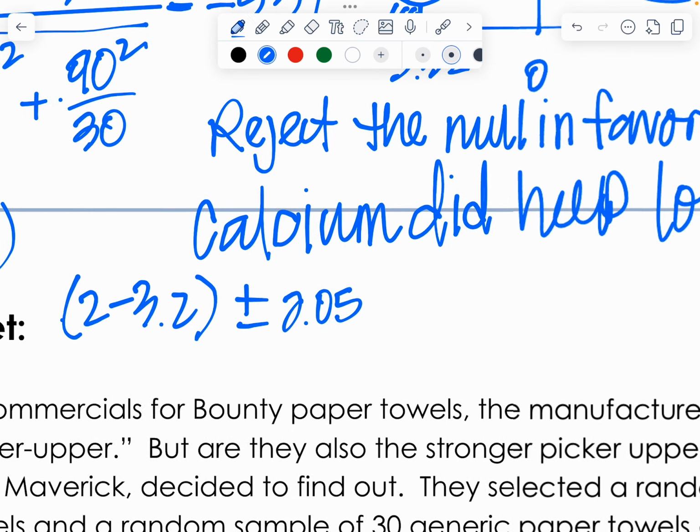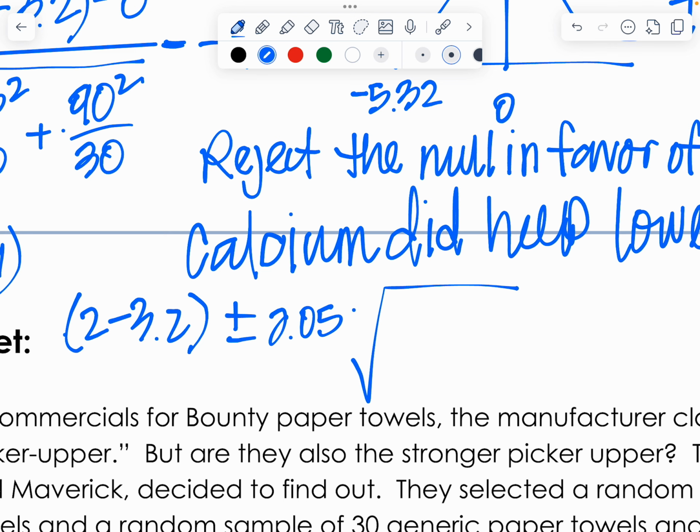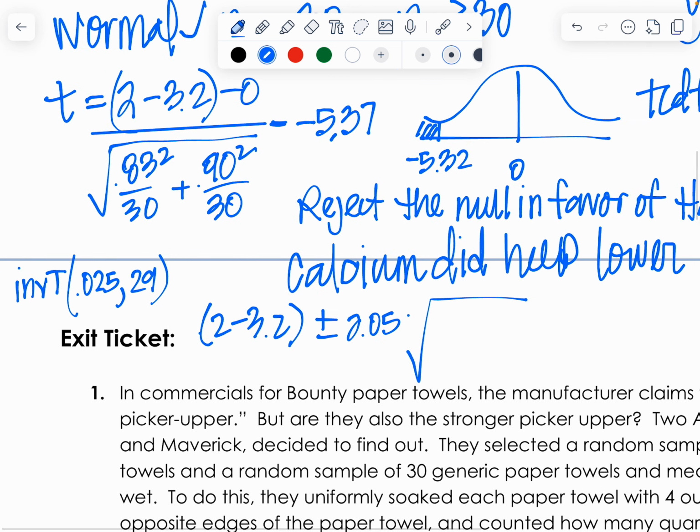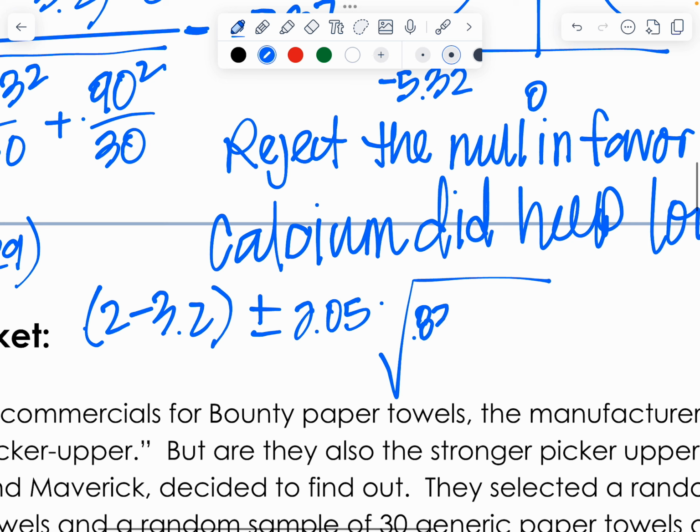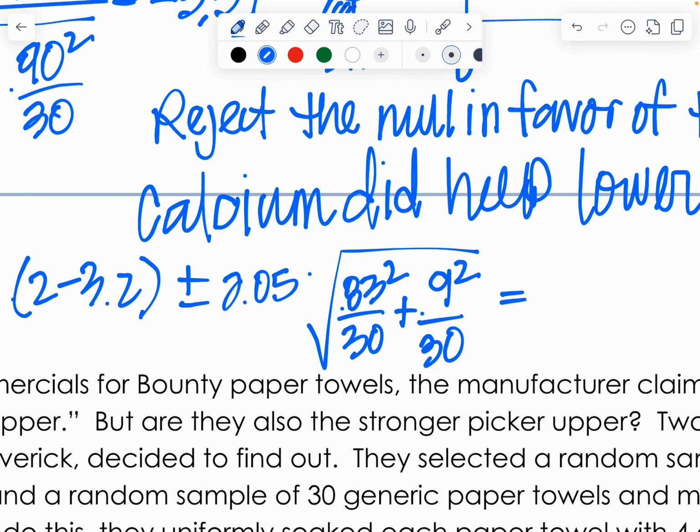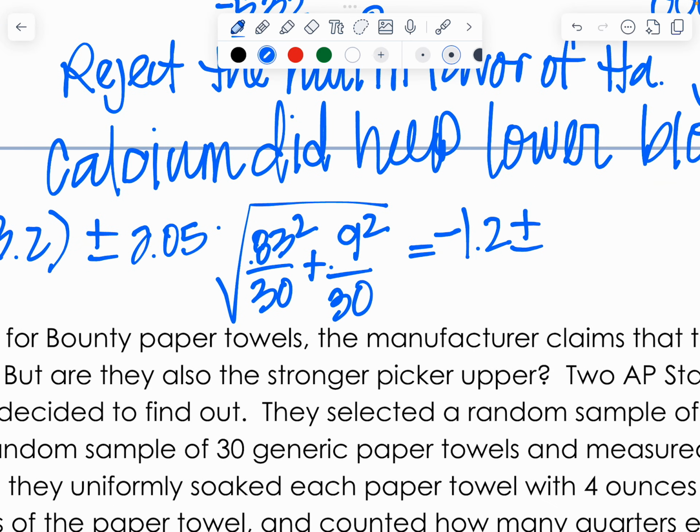That gives 2.05 times the square root of my two sample standard deviations. This is the exact same as it was before. So this is negative 1.2 plus or minus the margin of error. I'll calculate that: 2.05 times the square root of 0.83 squared over 30 plus 0.9 squared over 30 is 0.4582.